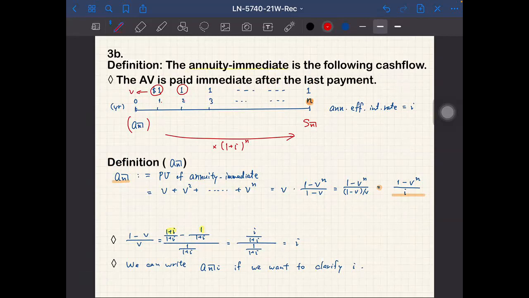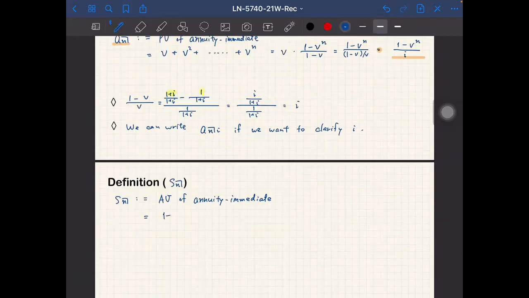So that means s angle n is equal to (1 plus i) to the power n times a angle n. So this is equal to (1 plus i) to the nth power times (1 minus v^n) over i.